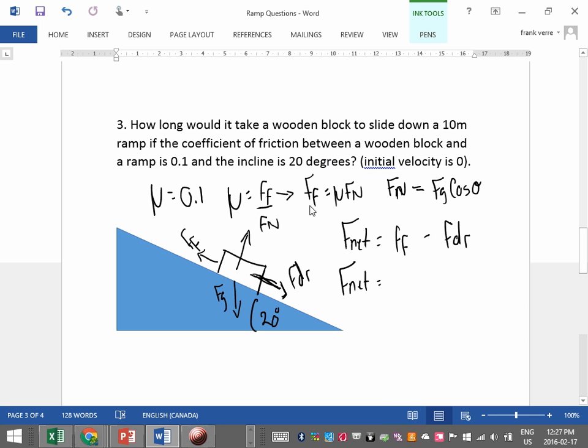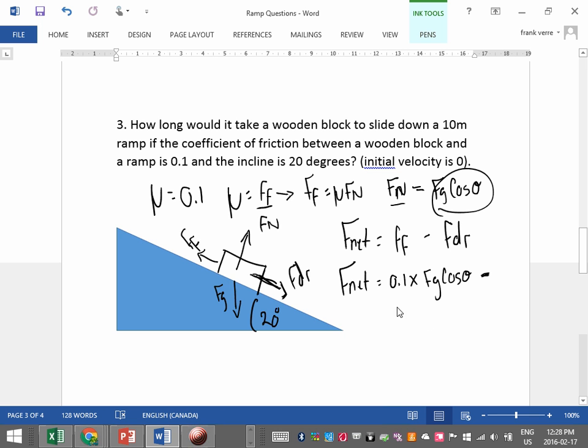So let's put these together. Force of friction is mu times Fn, right? So Ff is mu. What's mu? Mu is 0.1 times Fn, and Fn is Fg cosine theta, right? So Fg cosine theta. Okay. And we're going to subtract that from what? What's the force down the ramp?